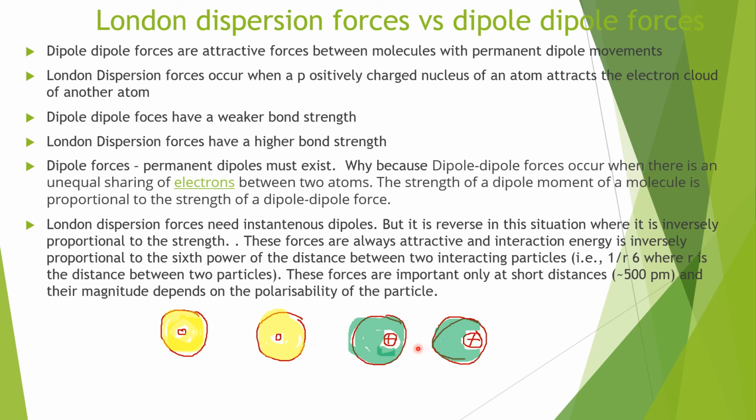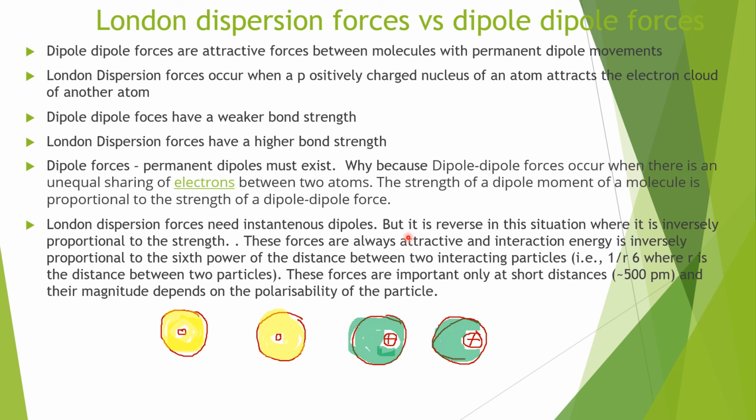And dipole forces require permanent dipoles. They should exist because they occur when there is an unequal sharing of electrons between the atoms. And London dispersion forces need instantaneous dipoles.